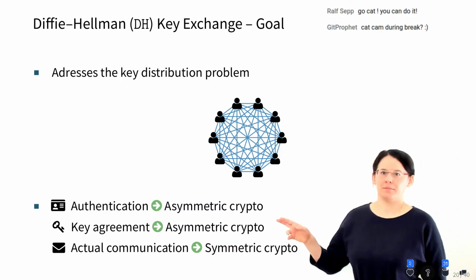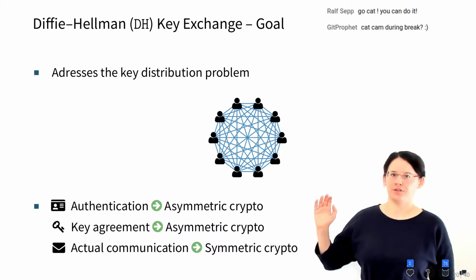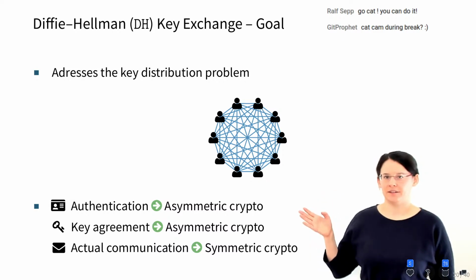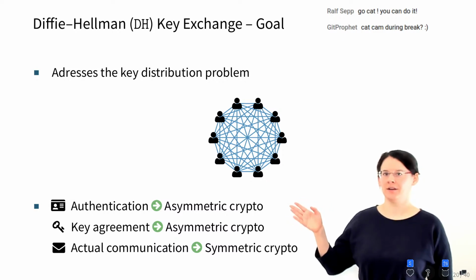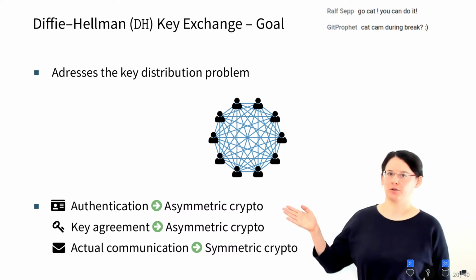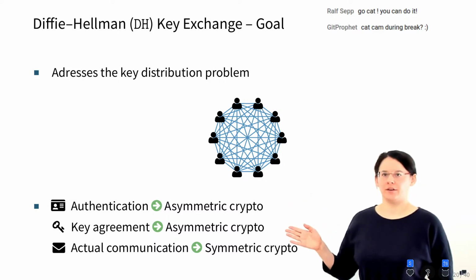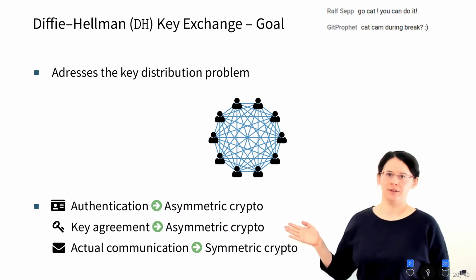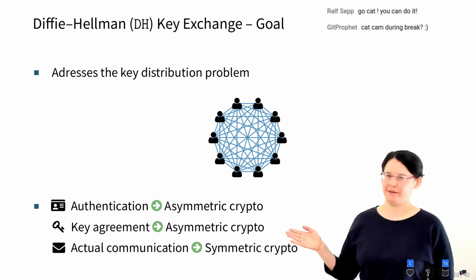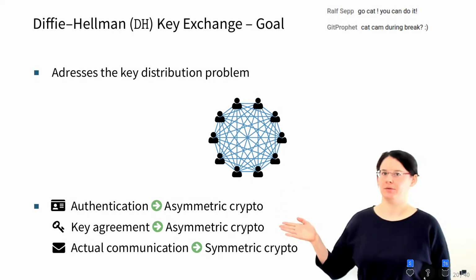Before you even start exchanging the key, first you usually want to authenticate to each other, so you want to be sure who you're talking to. We can solve this with asymmetric cryptography, as we will see later. Then we need to agree on common key material, which is done by key agreement, which we're going to look at in a moment. Also asymmetric cryptography. So this is both parts of the initial handshake of the preparation.